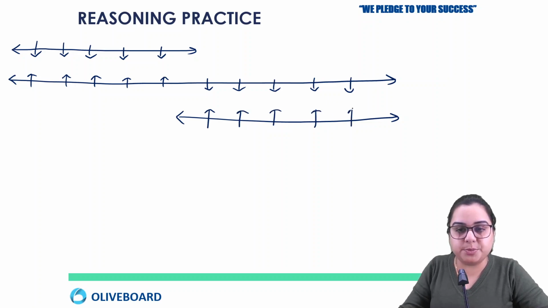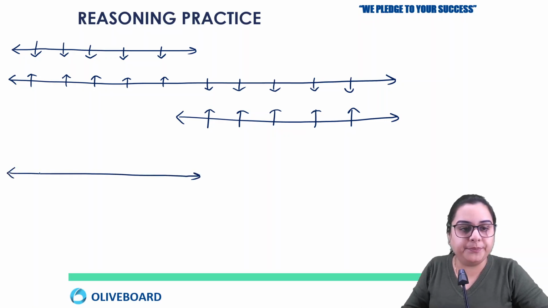Now this is your first possibility. And now let's make the second row, a similar kind of row.